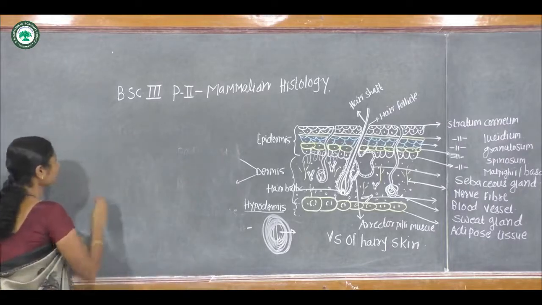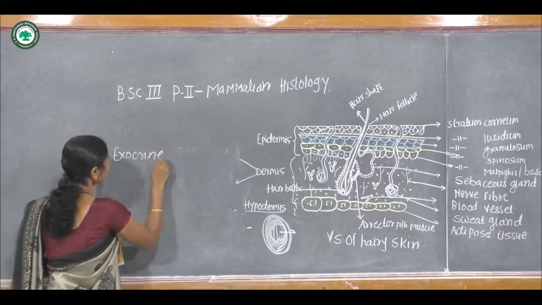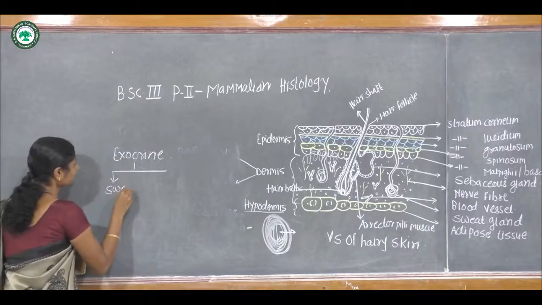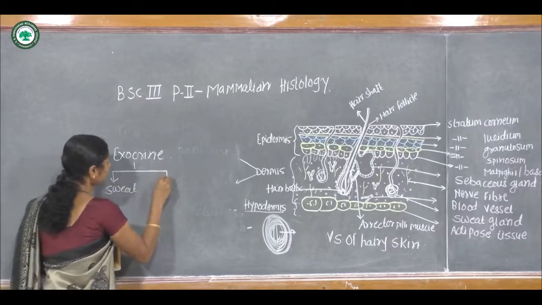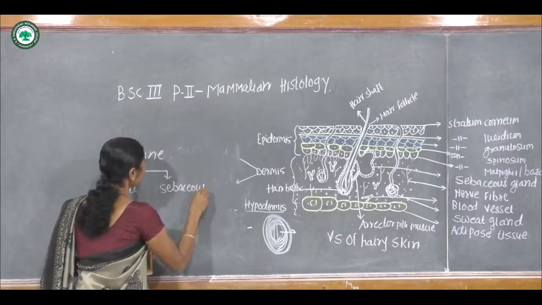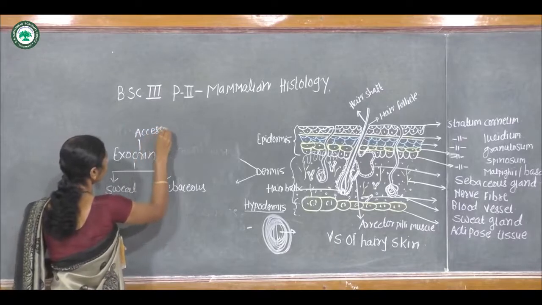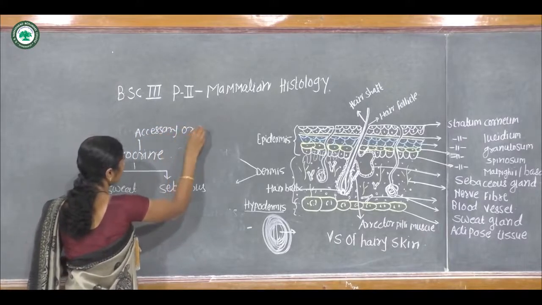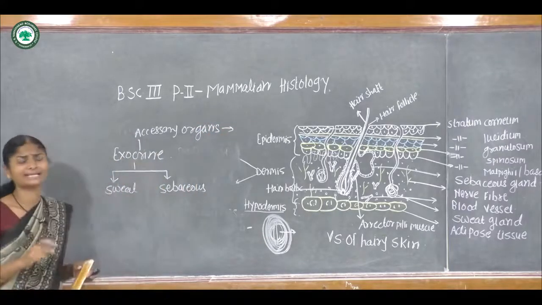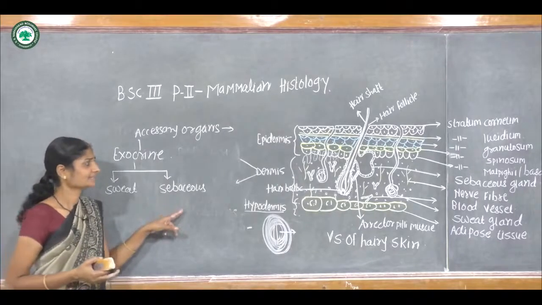These exocrine glands mainly contain sweat glands and sebaceous glands.